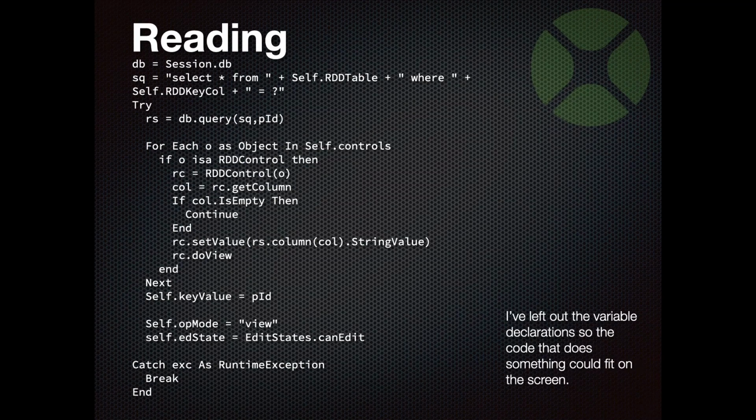Because sometimes you've got something on the screen that doesn't go to the database. That's fine. Anyway, if you have a value, you simply set the value right here, because the RDD column is the column in the database, so we just grab that, and since everything's a string, this works.